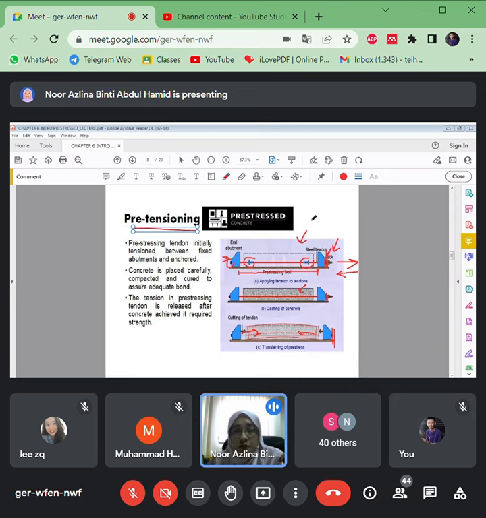So that means the first step is we have to stretch the reinforcements. And then the second step, do the casting for the concrete. And then the third step, release the load, or release the reinforcements, cut the reinforcements.